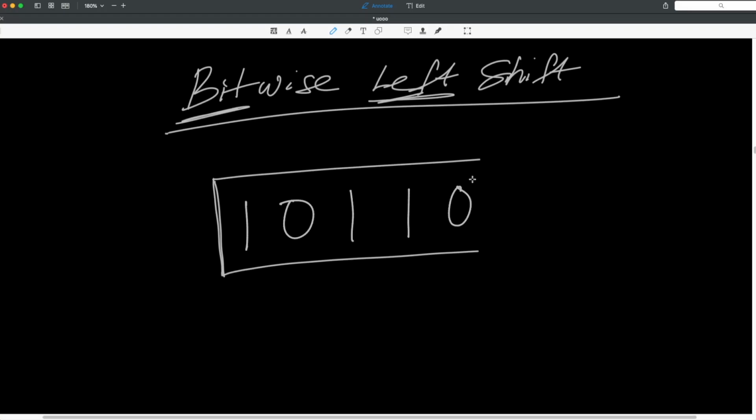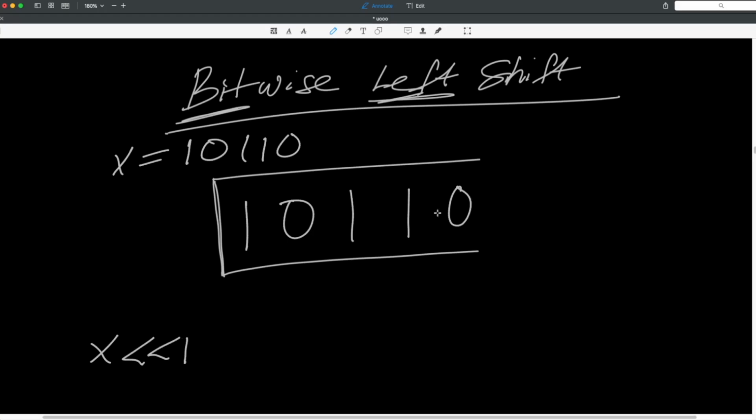Now, if you want to shift this leftwards, what are you going to use to shift them? It means you use 0 to push this guy. Assume before now, x is equal to 1 0 1 1 0. That is this value here. If you say x left shift 1, that is, you want to shift this by 1.